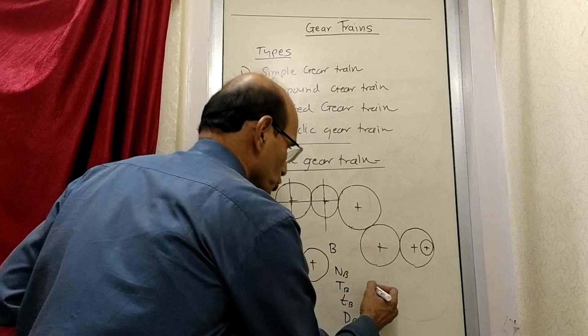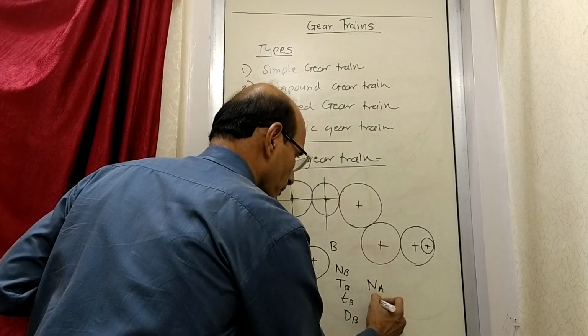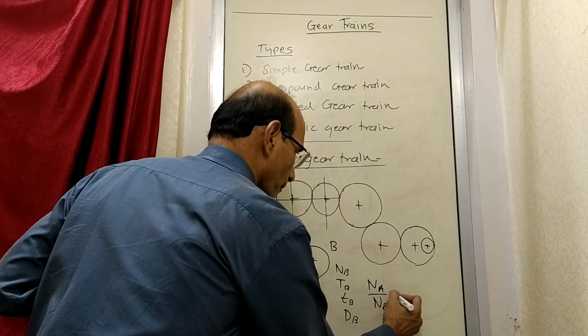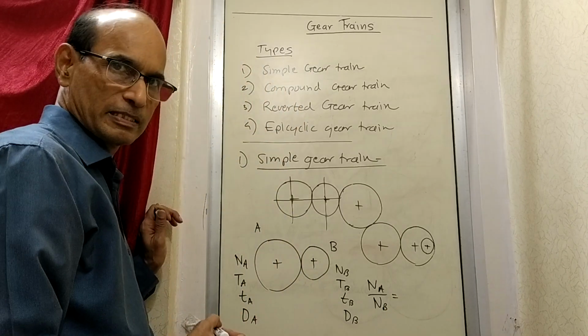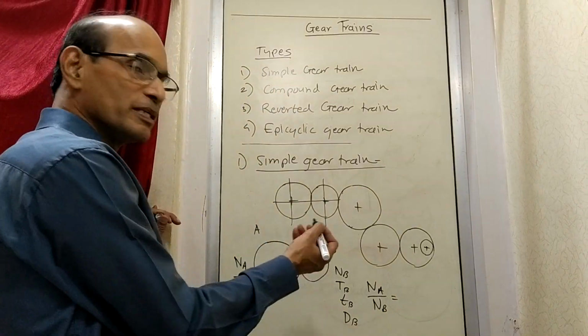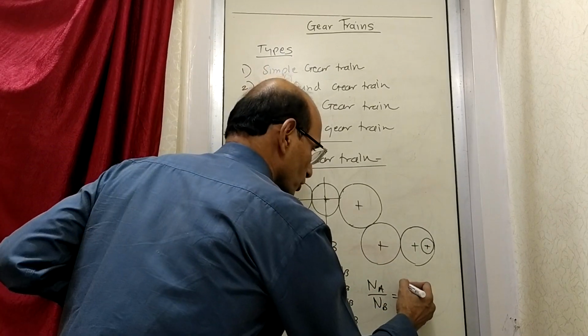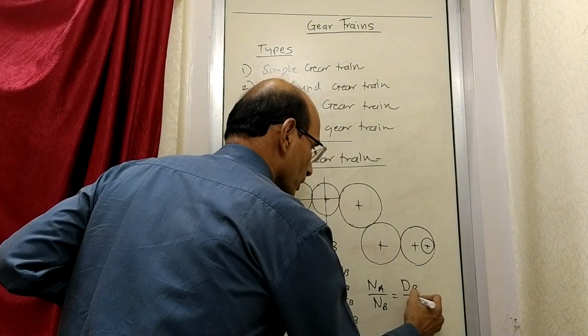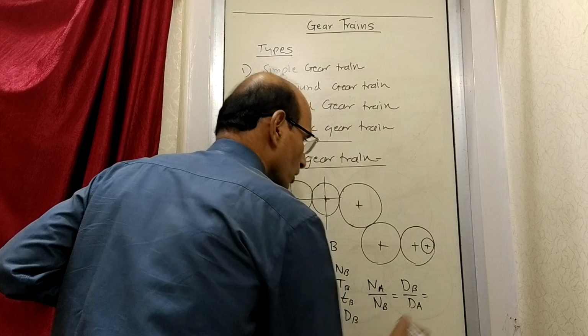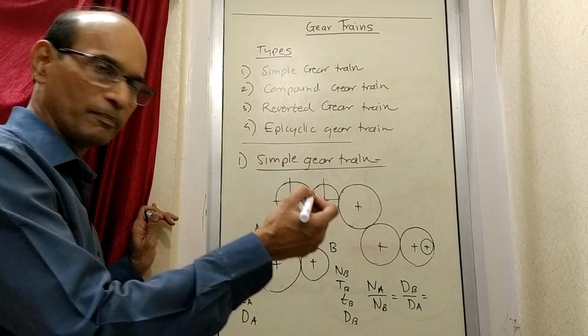So suppose I write ratio of speeds NA upon NB. Now this ratio of speeds is inversely proportional to diameters. So this becomes dB upon dA. Now diameter and teeth, they are directly proportional.